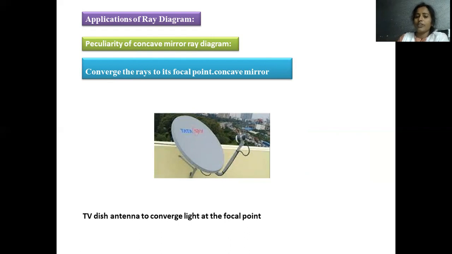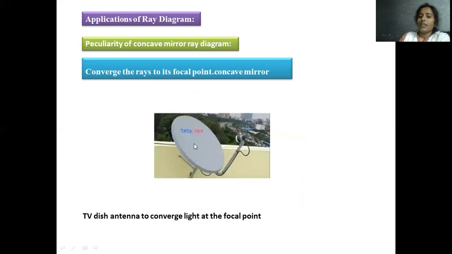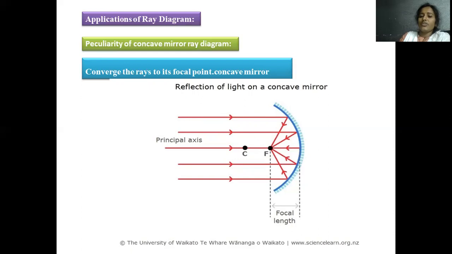It is wireless communication, purely because of converging the rays at a particular point, so that you obtain its image. Objects placed anywhere fall on the mirror. Now this dish antenna is working like a concave mirror, where all the rays coming from the universe are concentrated only at the particular point called the focal point, so that the image will be generated.